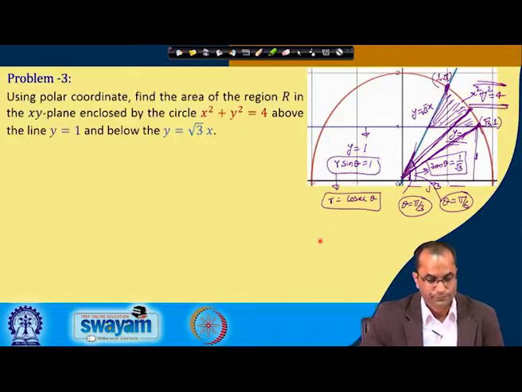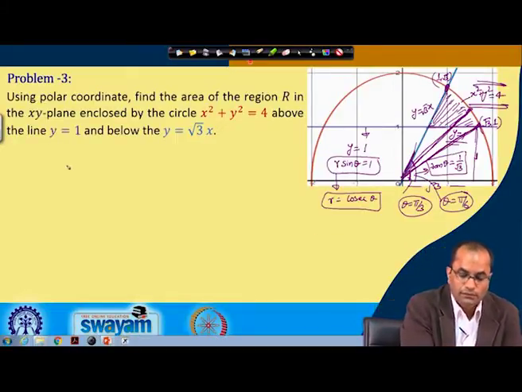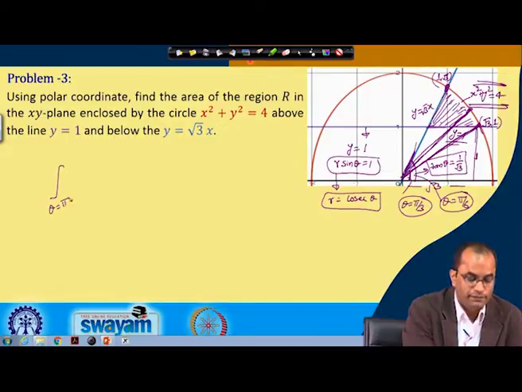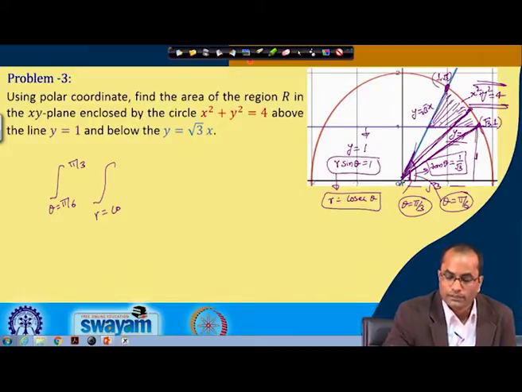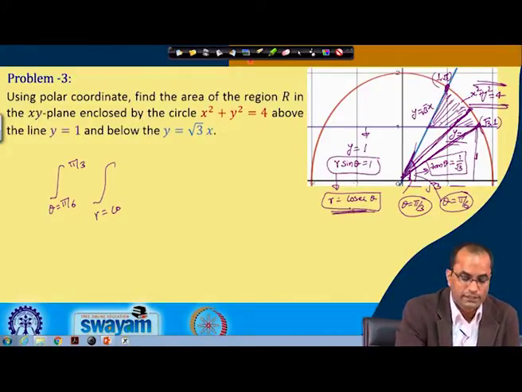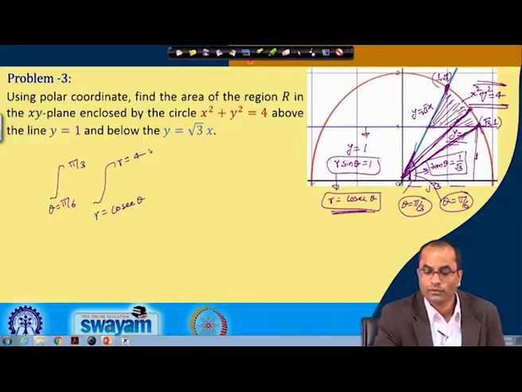So, that integral will have the limits for theta from pi by 6 to pi by 3, and for r we are going from this line, whose equation in terms of theta is cosec theta, up to r is equal to 2.